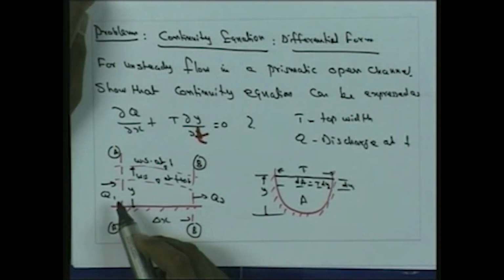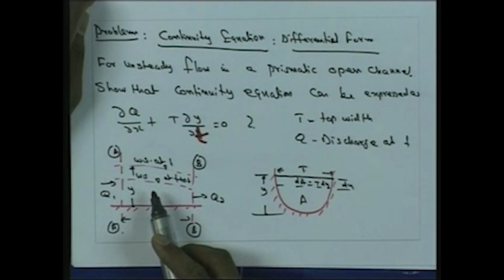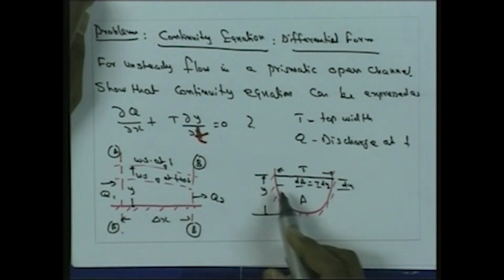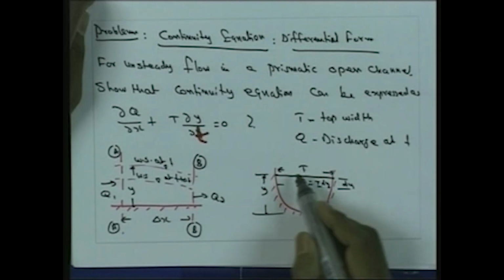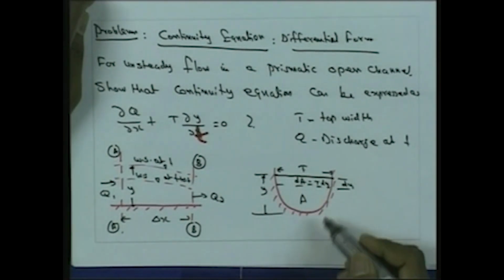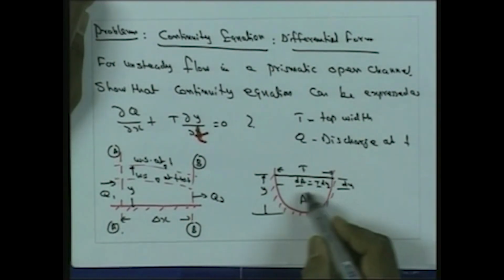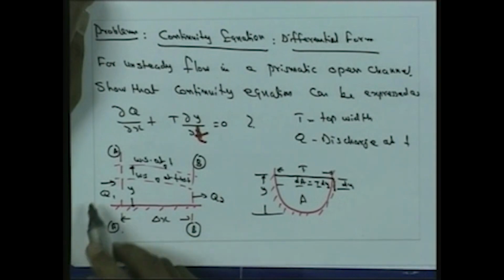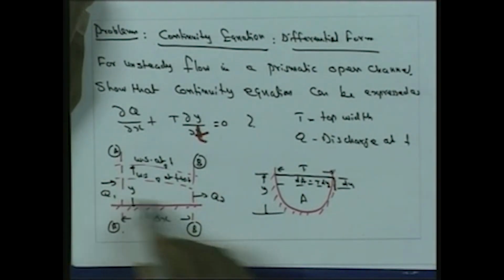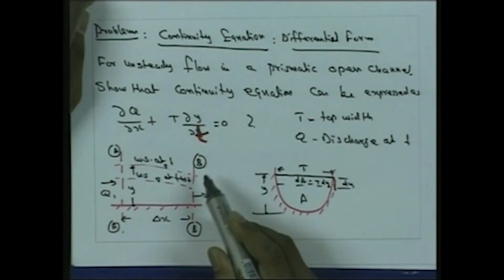So let us consider the open channel flow which is in the prismatic channel. The flow depth is y, the area of cross section is A and the top width is t as shown in this figure, and then let us consider a small strip dA equal to t into dy of depth y, and then let us consider two sections in the open channel at AA and at BB.